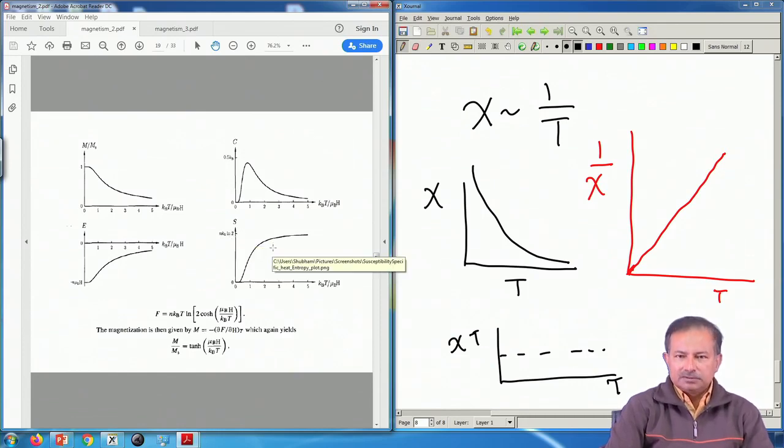Then again, 2J plus 1 to the power N, take a log, and you will get N kB log of 2J plus 1.